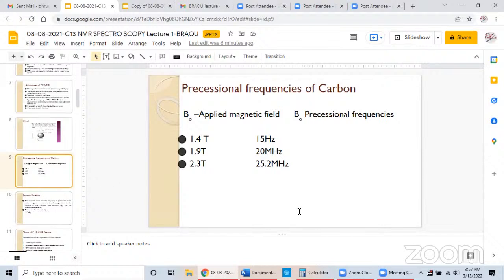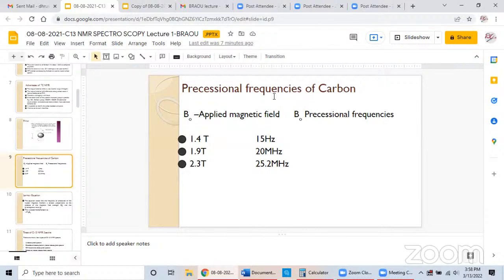Here we can record carbon-13 spectra, and when you use proton precessional frequencies, which range in the radio frequency region of EMR, we observe the proton NMR spectrum, and similarly F19 and P31 NMR spectra. This is the difference.